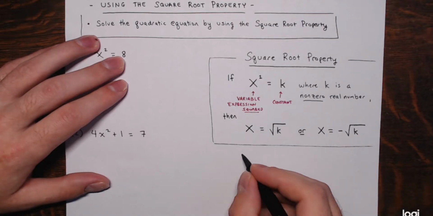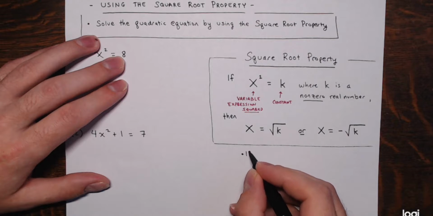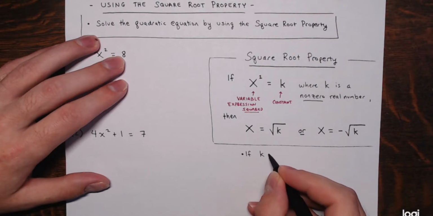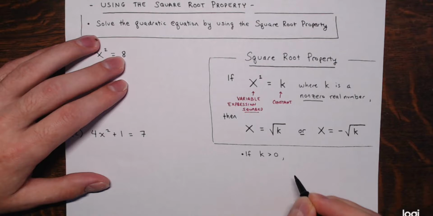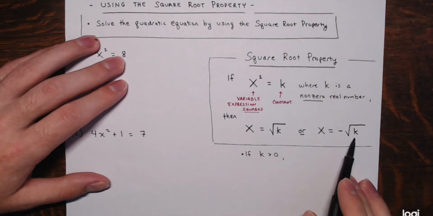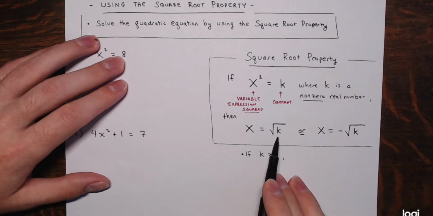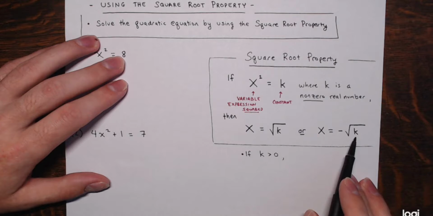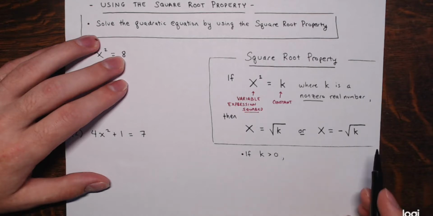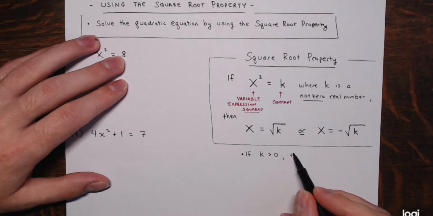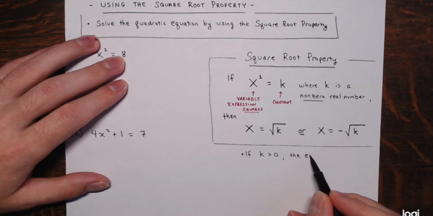Now, if K is positive, right, if this constant is a positive real number, well, then these two numbers here, the square root of K and the opposite of the square root of K, would be real. Right? The equation has two real solutions.